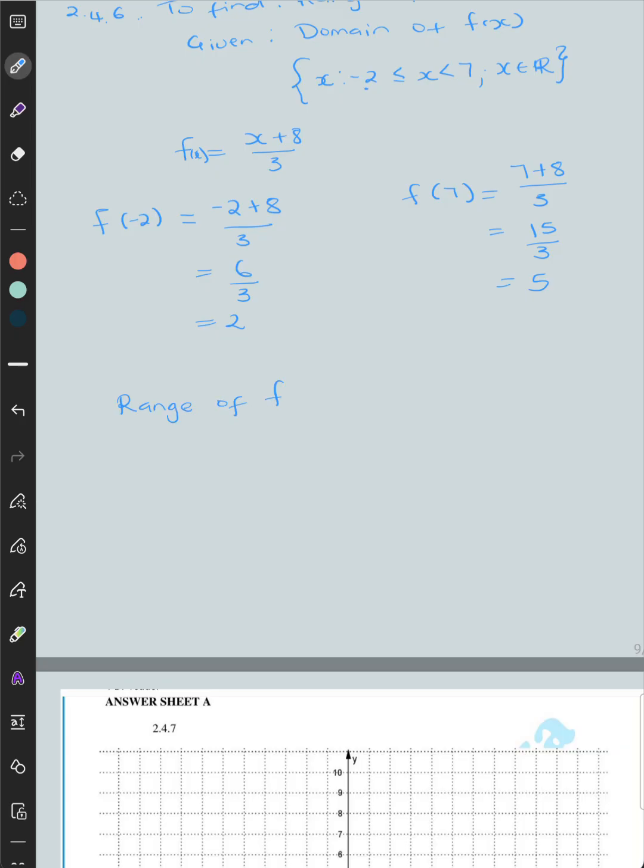So I'm going to have the range of f of x as y is from 2 less than or equal to y, less than 5. It's 2, not -2.